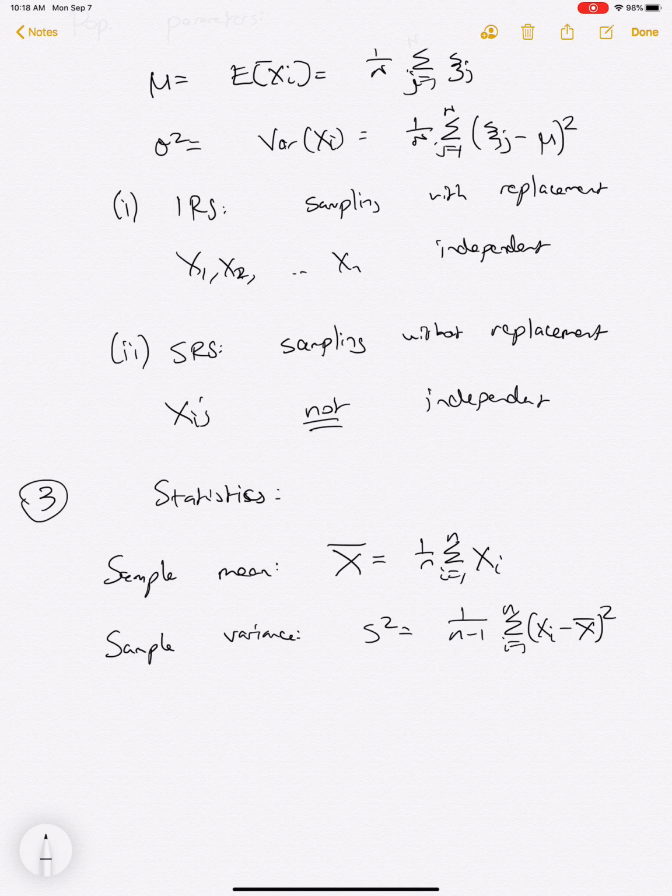The book uses 1 over n instead of 1 over n minus 1. If n is large, like 100 or something, this is not going to make a big difference, because it's n versus n minus 1 in the denominator. But I'm going to use n minus 1 to be consistent throughout this course. So in the textbook, if you see 1 over n, you don't have to worry too much about it. Throughout this course, the sample variance is always going to be defined with 1 over little n minus 1.